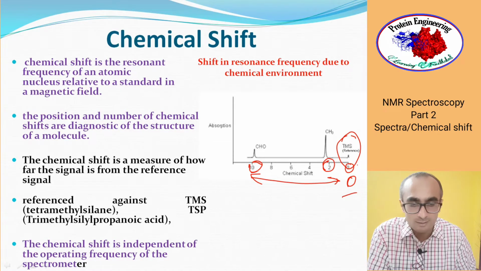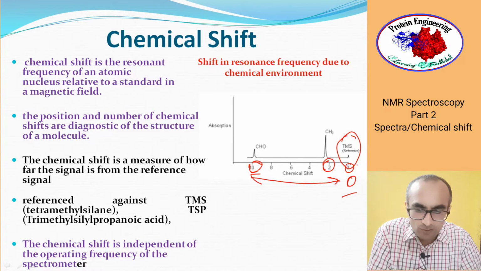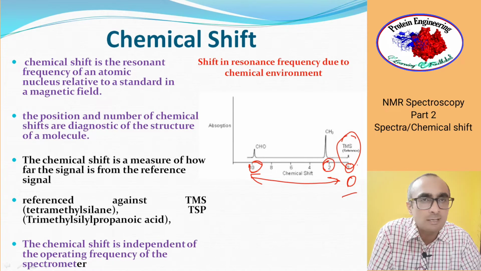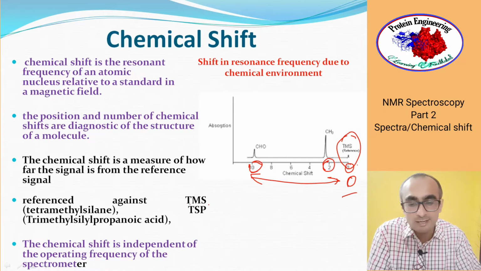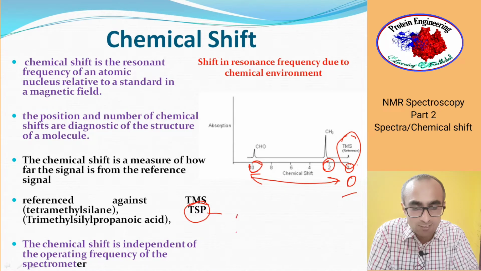The reference compound generally used is tetramethylsilane in case of H1 NMR, or trimethylsilyl propanoic acid, TSP, in case of C13 NMR.